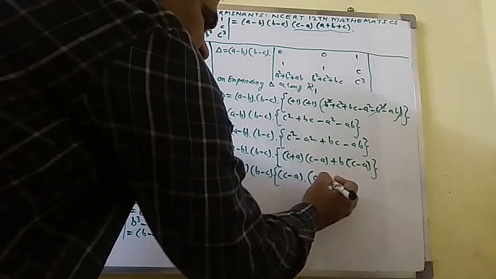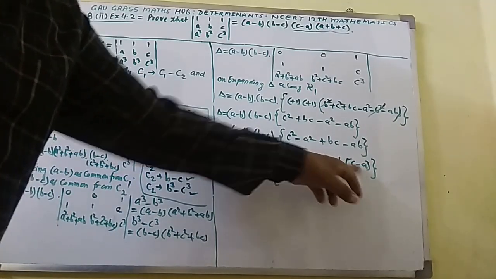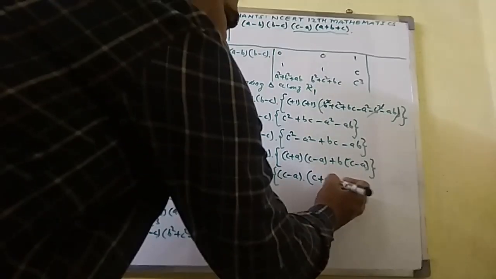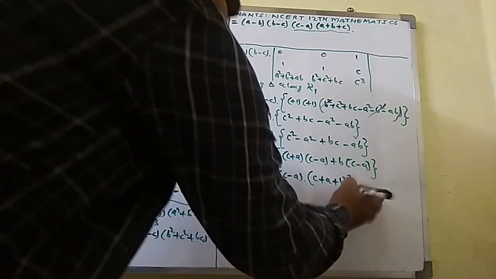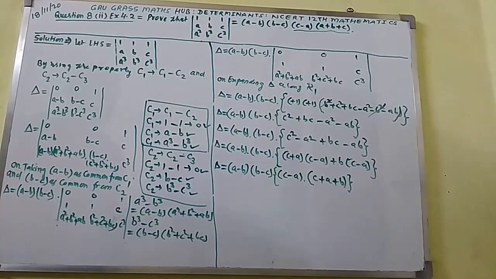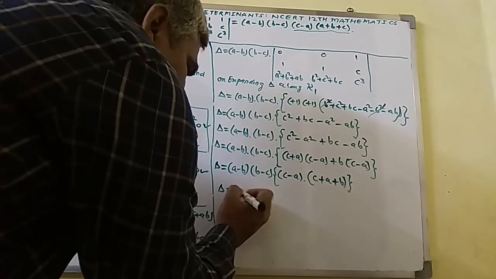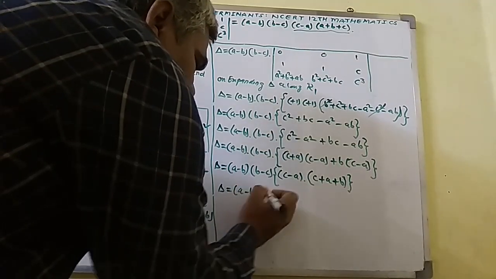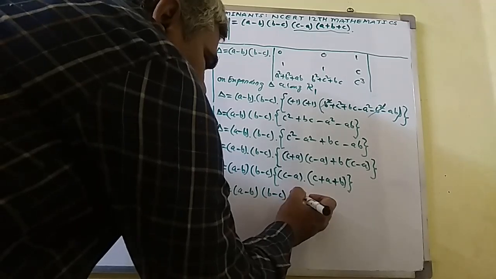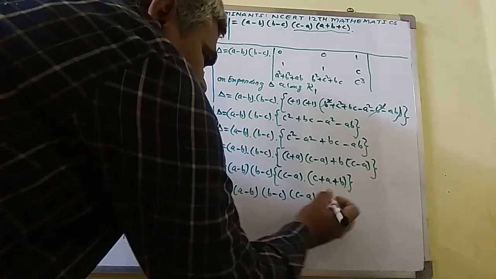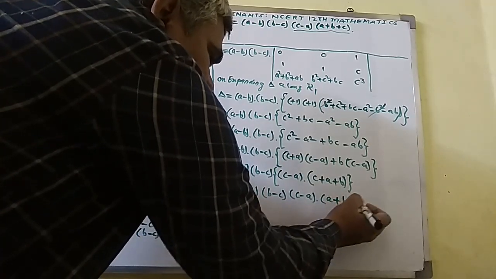So here write c plus a, and here in the second term you will get only b. So here I tell you plus b. Braces will be here. So here you will get lastly a minus b, b minus c, c minus a, plus b plus c.